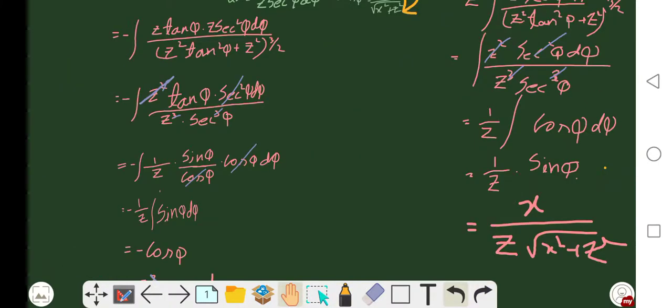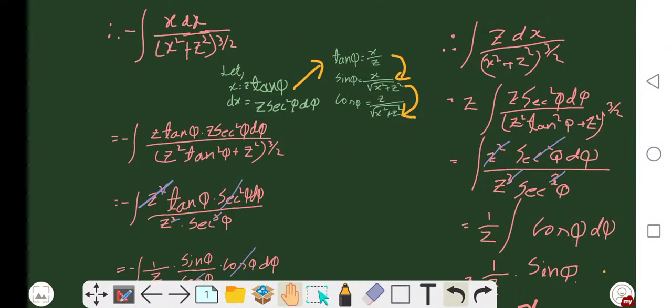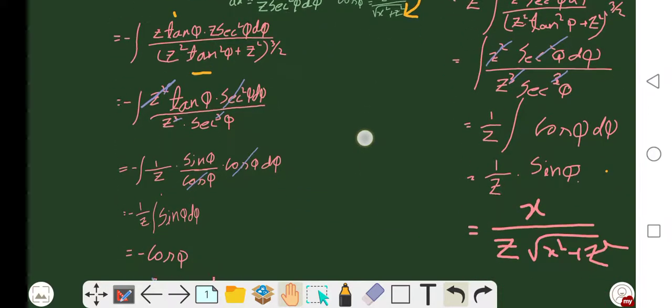So here we put the values: the value of x is z tan phi, and dx is z sec square phi d phi, and x square equals z square tan square phi, and z square is as well z square.